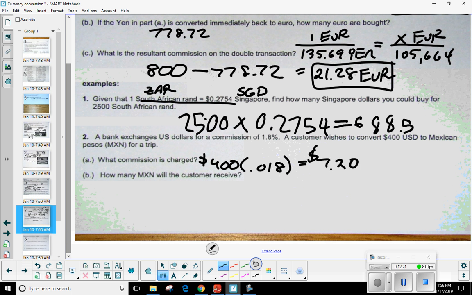Okay, so it's going to cost $7.20 to go ahead and convert that. Now, what's the amount that I'm actually going to go ahead and convert? Oh, there you go. I got 392.80. 392.80 is what we're actually going to convert.